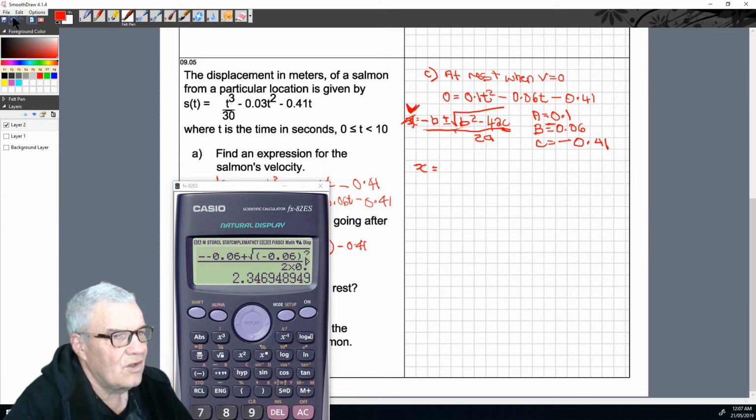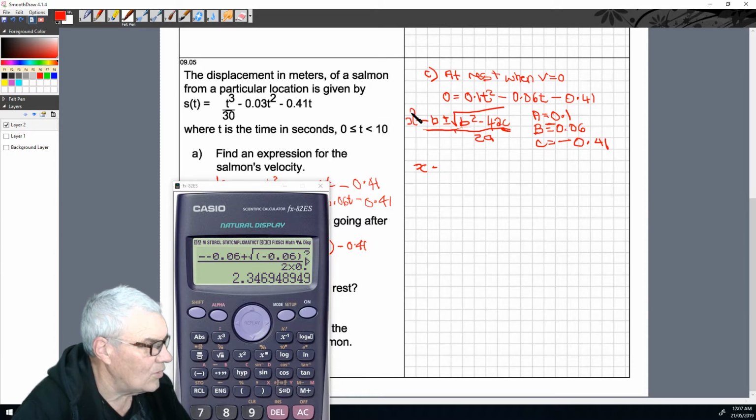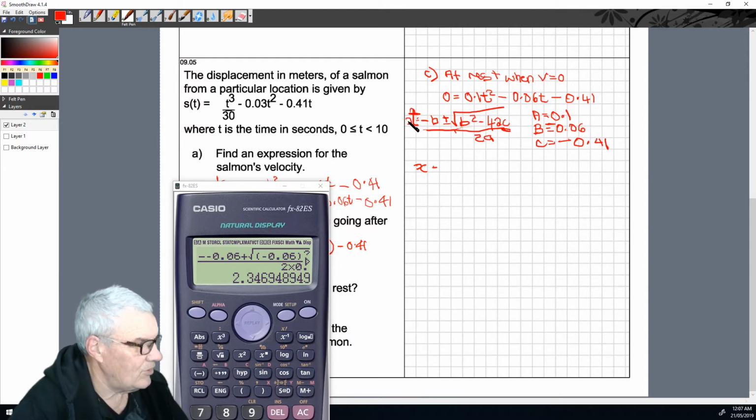So this here should be t at rest when v equals 0. Yeah, the velocity equals 0. This is t. T, that's right, not x. And this here will be t as well.